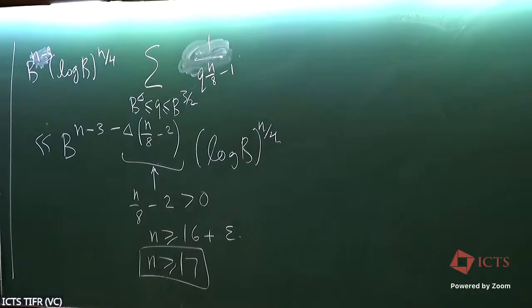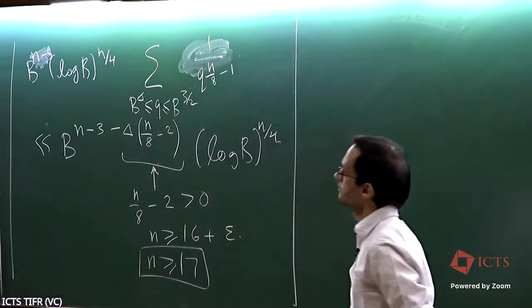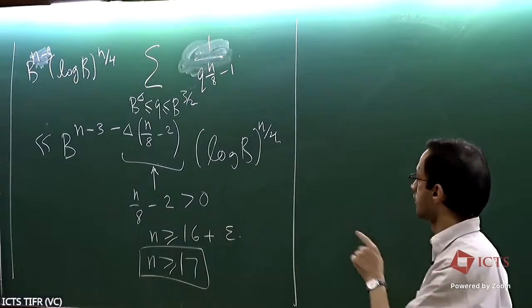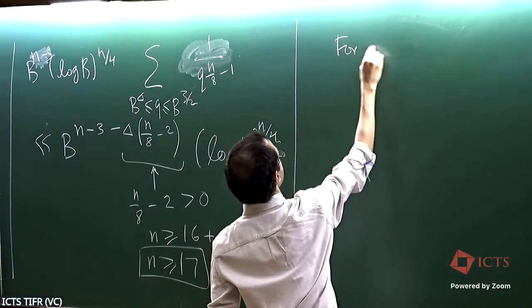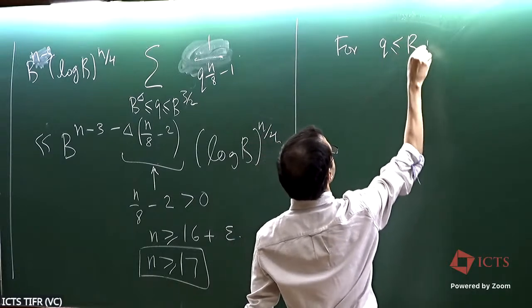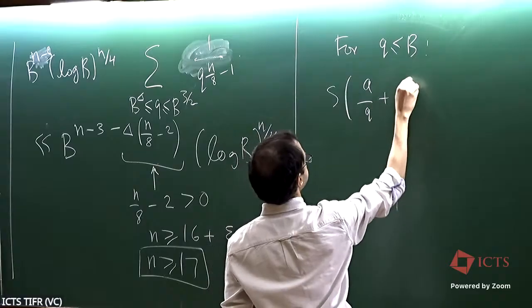And the major arc contribution is going to be a union of all of these things. And we had already written the major arc contribution. So what we had said is that if A is less than Q is less than B itself, so for Q going up to D, we had given this expression A over Q plus theta.